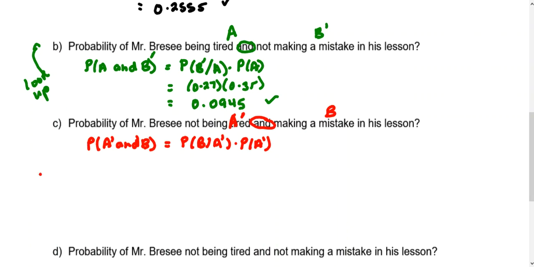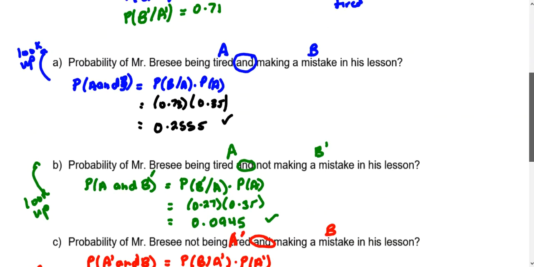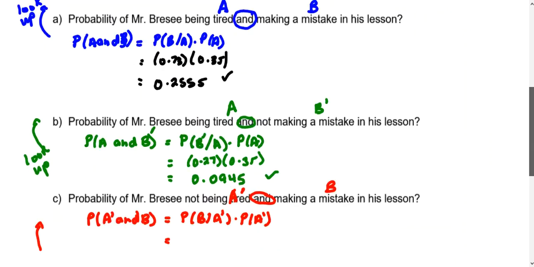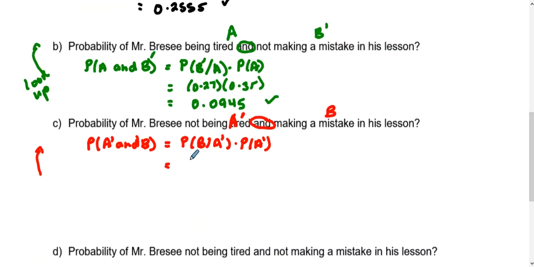All right, and then I'm going to look up. All right, it's getting a little difficult, so I keep scrolling up. So 0.29 is B given A prime. And the complement of that is 65%.